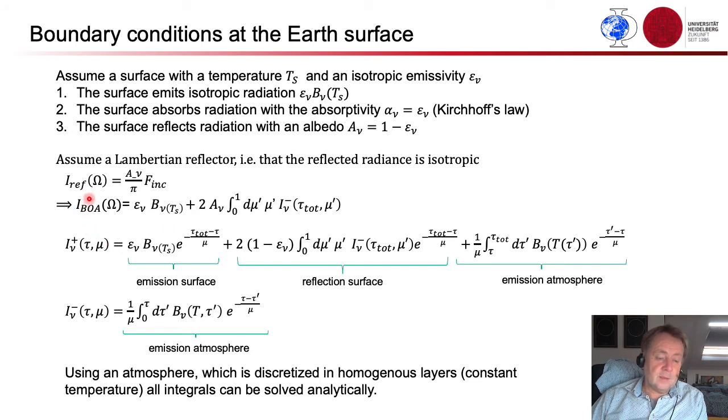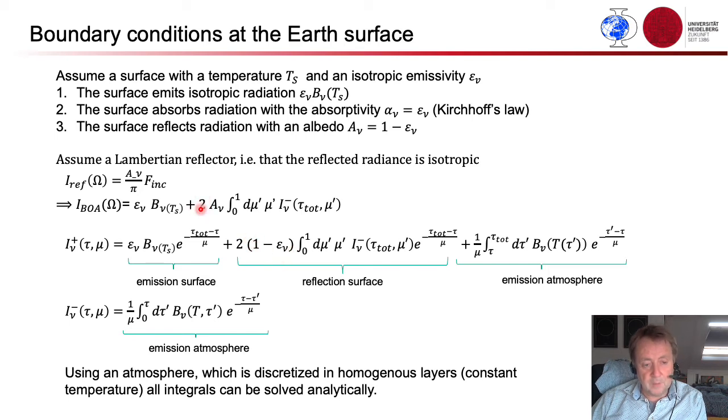So with this information about the radiance at the lower boundary, we can write the upward directed radiance as follows. We have here the term which describes the emission of the Earth's surface times the transmission function, and if we are in a very strong telluric absorption band, this function is so small that we don't see the emission of the Earth's surface. Then we have the term because of reflection at the Earth's surface, 2 times 1 minus the emissivity.